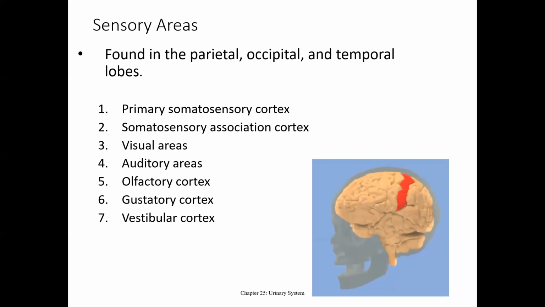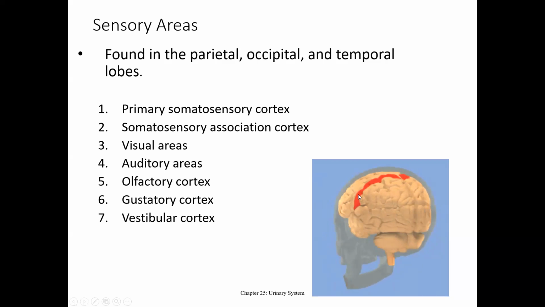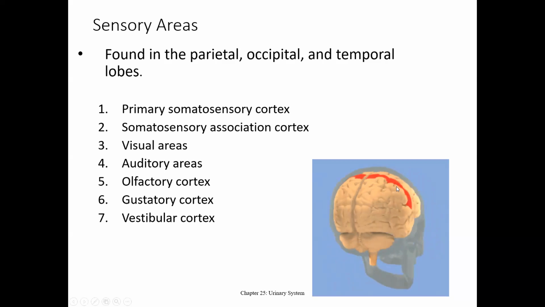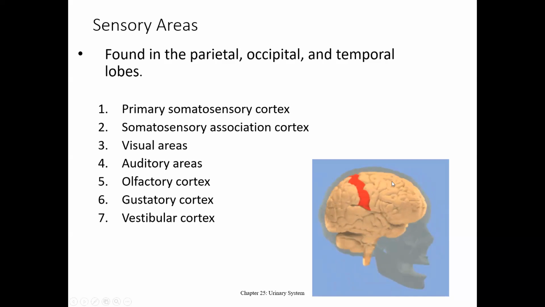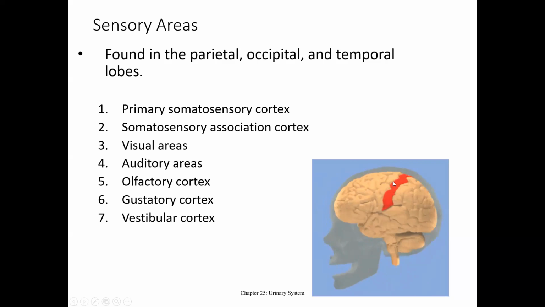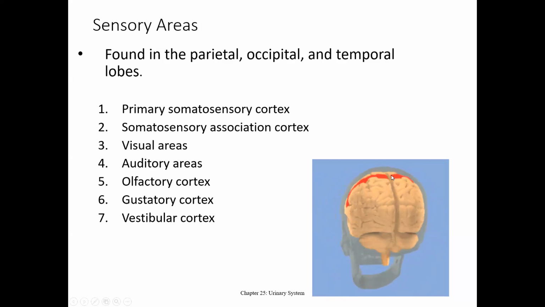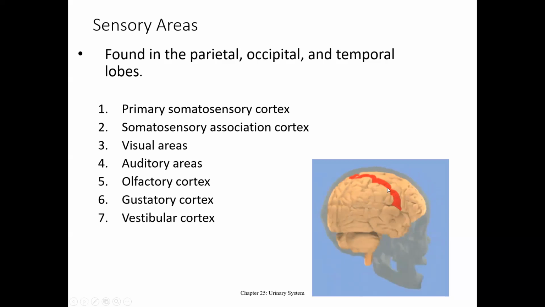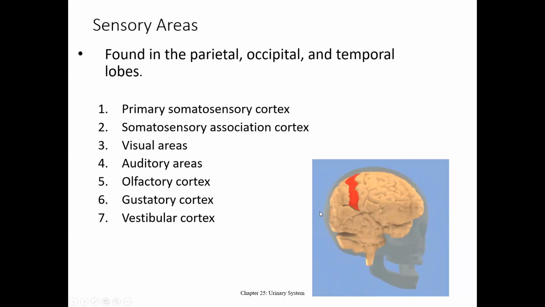That's everything in front of the central sulcus. Now, you see this red area highlighted here. The central sulcus is immediately in front of that. So everything in front of the central sulcus is the frontal lobe. Everything behind the central sulcus is this red highlighted area, and behind.